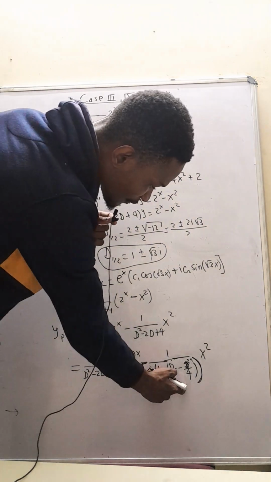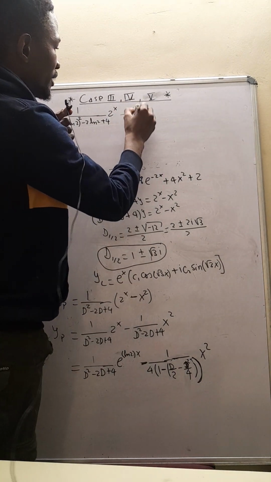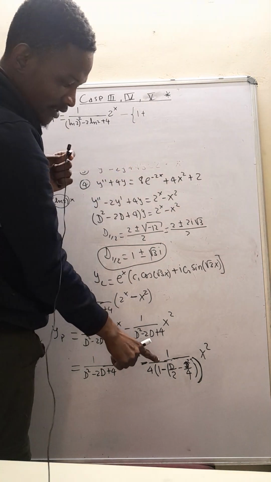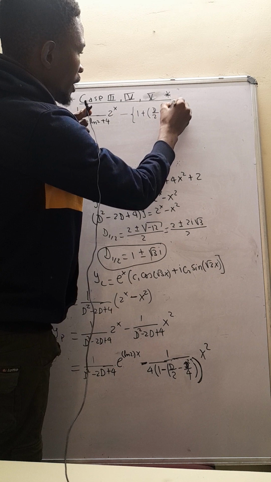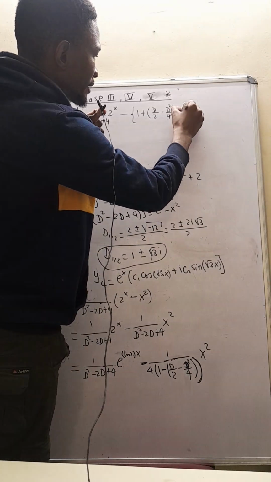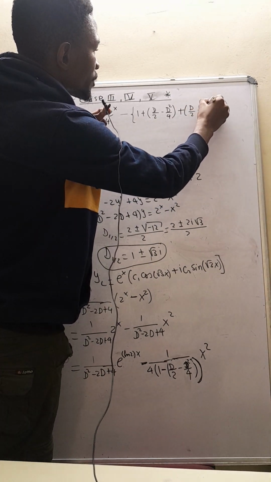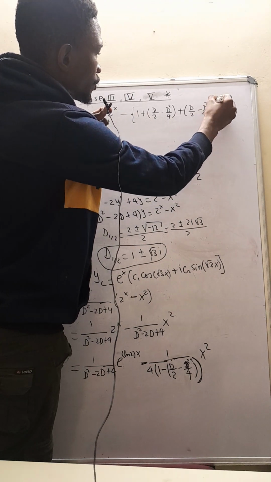This is my f of d, and this is negative, so it means that I'm going to have an expression like 1 plus f of d. What is f of d? d upon 2 minus d squared upon 4, then plus again d by 2 minus d squared by 4 raised to 2.